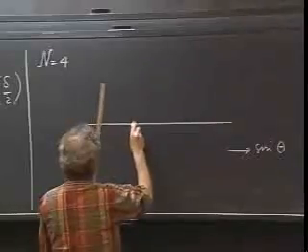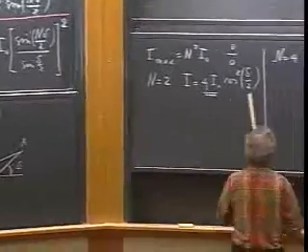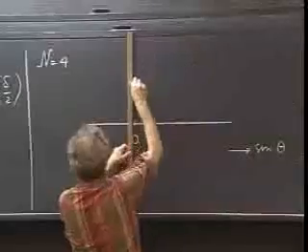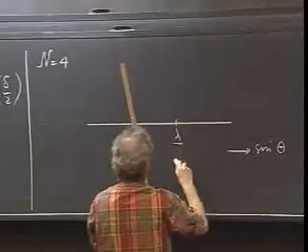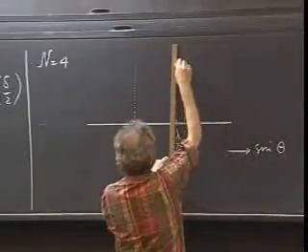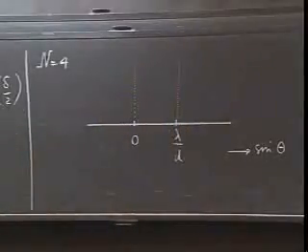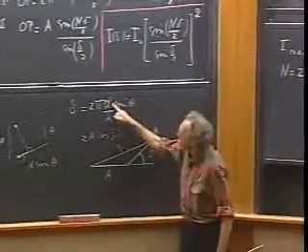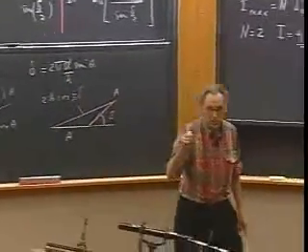All right, if sine theta is 0, then you get 0 divided by 0, and you're going to get a maximum. If sine theta is lambda divided by d, you see that delta is 2 pi. That means you get a maximum.